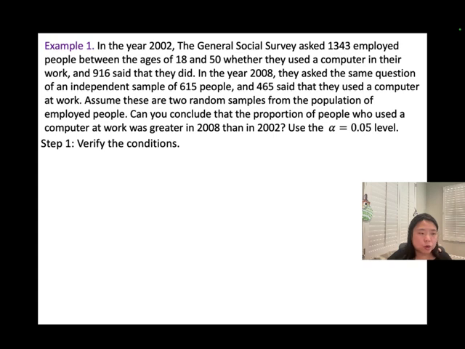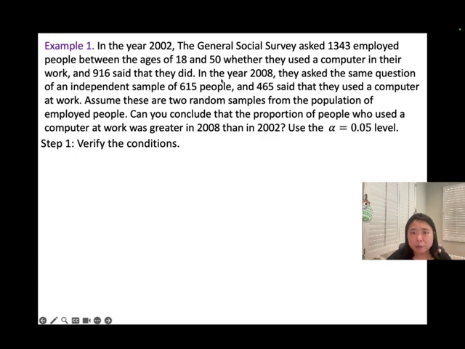Let's work on the first example. In the year 2002, a survey asked 1,343 employed people between the ages of 18 and 50 whether they use a computer in their work, and 916 said that they did. So this is your first population. They give the sample size, and this is your number of successes.